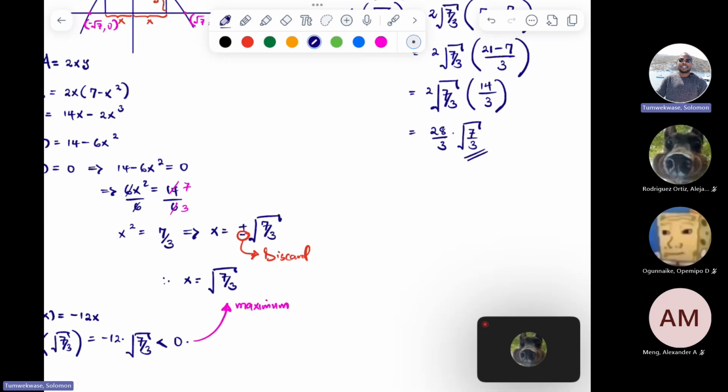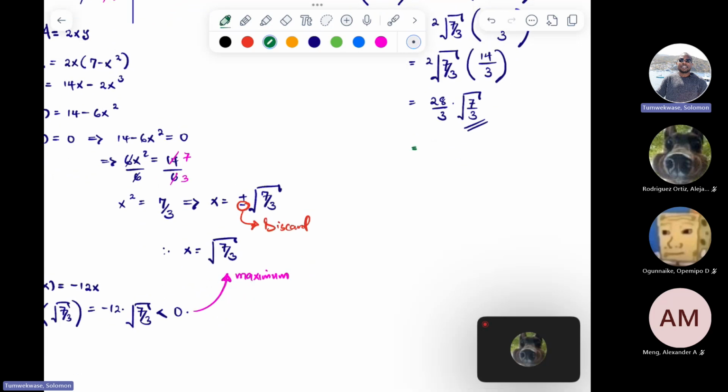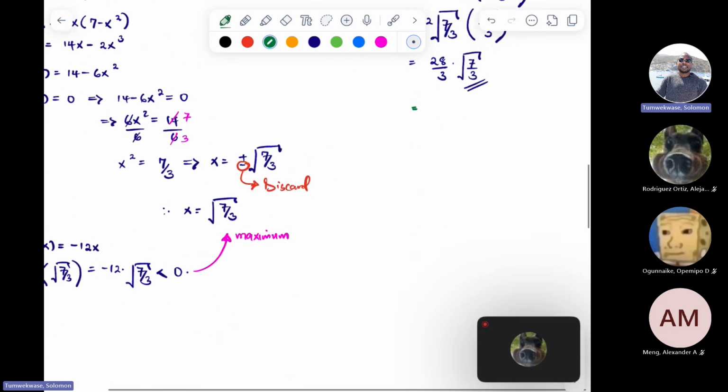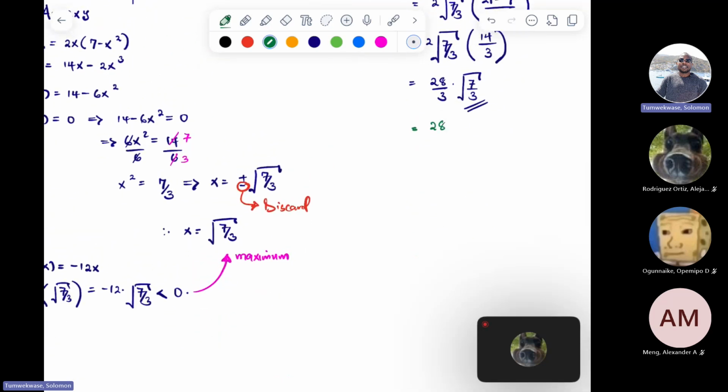You can stop here if you want, but if you want to do more, especially for the answers of multiple choice questions, what we want to do is rationalize this. So root 7 over root 3, and when I rationalize, I'll have root 3 over root 3.